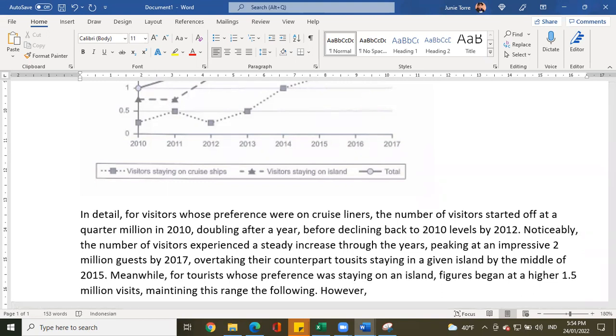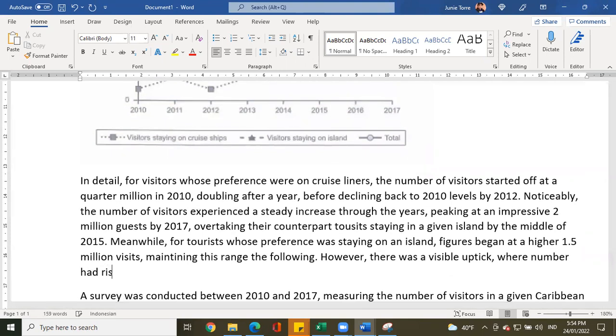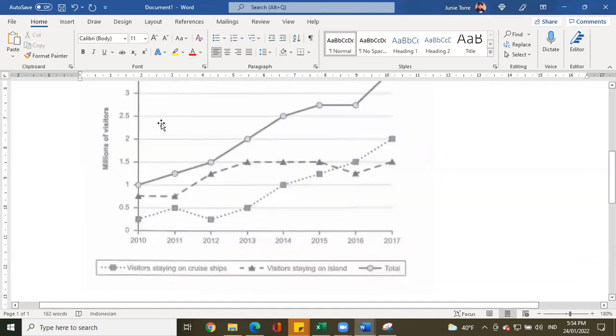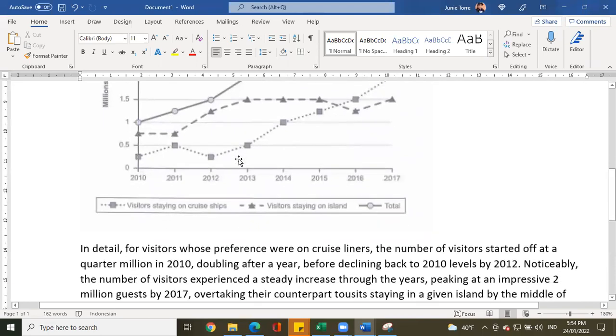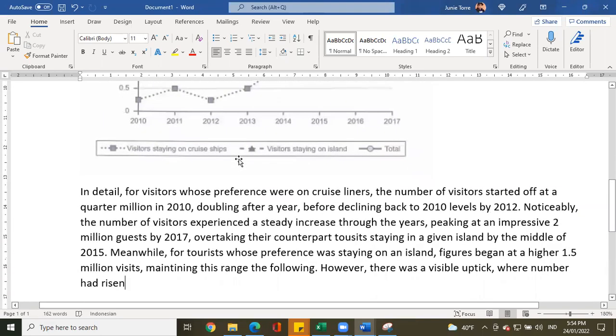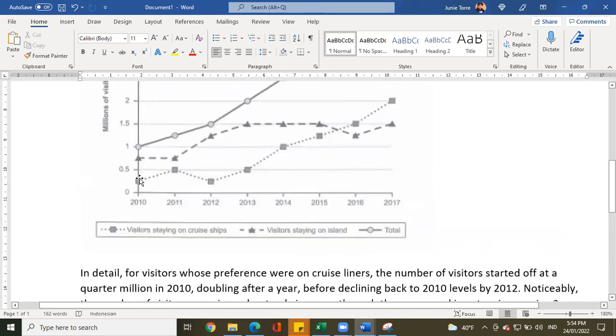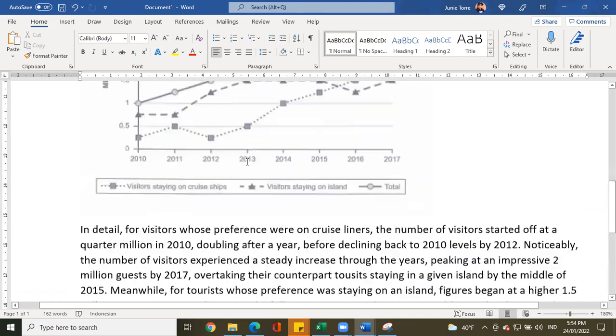However, there was a visible uptick where numbers had risen. So past perfect, no? And plateaued. Had risen, 1.5 million, and had, 3/4 million pala yun, guys.